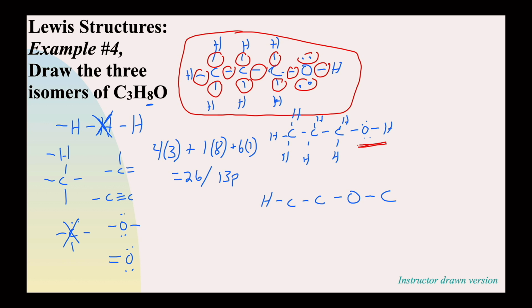So what I did is I essentially took this oxygen and I put it in between these two carbons right here. Now, if you do this, remember that oxygen, if it has two single bonds, likes to have two lone pairs. So I'm going to put two lone pairs on it like that. I'm going to put hydrogens around all of the carbons once again.